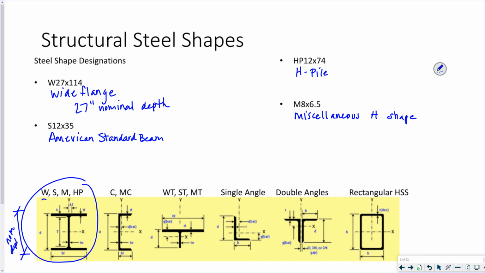We say nominal because it's usually not exactly 27, right? It's like a 2x4 is really like 1.5 by 3.5. So it's nominally 27 inches. And it weighs 114 pounds per linear foot.